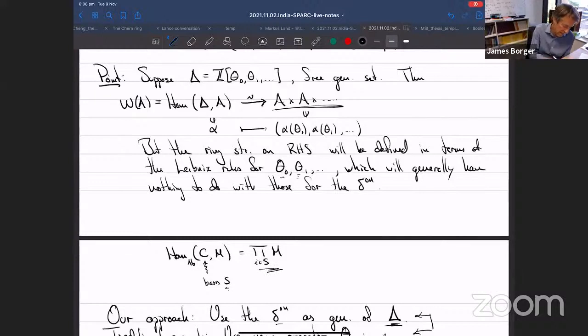But if you change the basis, then you can get a different bijection to another basis. So say there are two different bases, S and S prime. Then the C module structure on these two things will be completely unrelated if these two bases are unrelated.